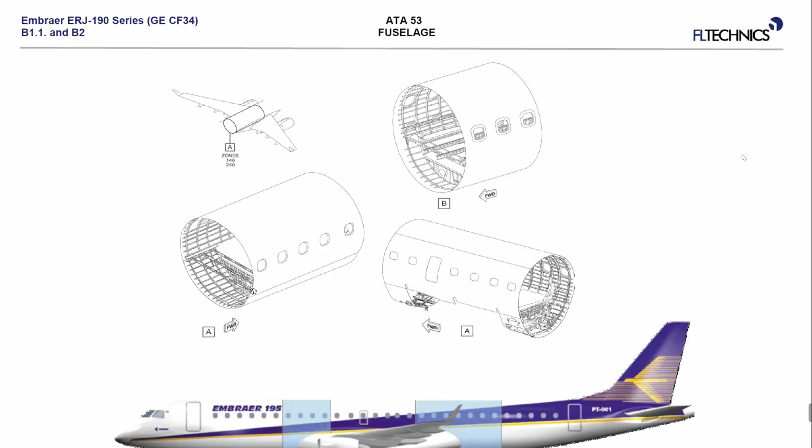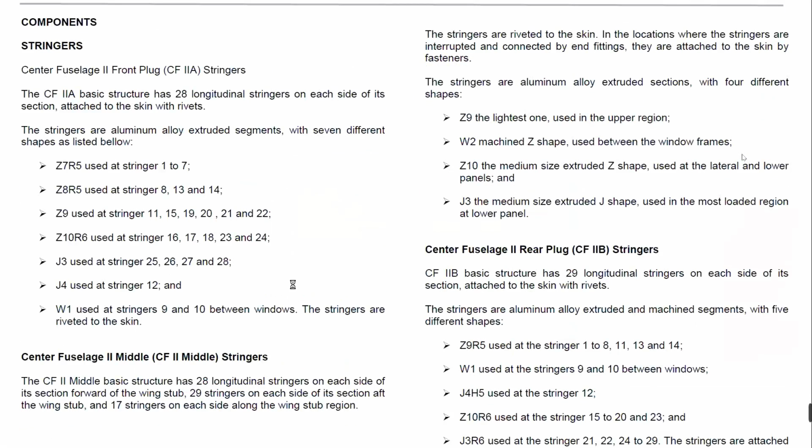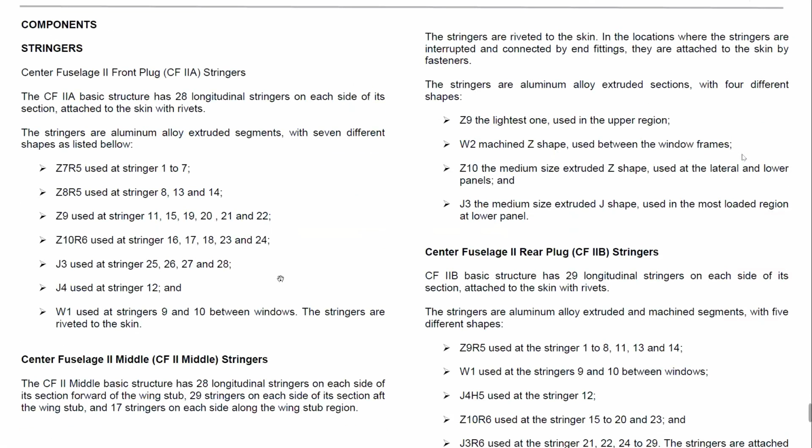And this specific structure, as I said, is because of all these openings and because of the different compartments. We said we have this wing stub, we have the avionics compartment, we have this cabin zone, upper fuselage of this plug. So for that reason, there are different types of stringers. As you can see, there are many numbers here.